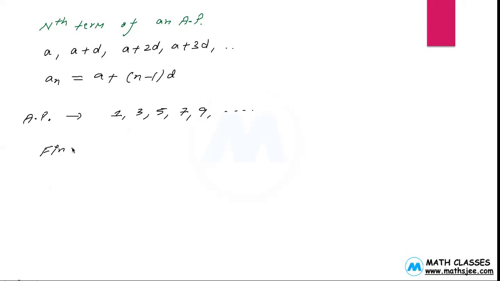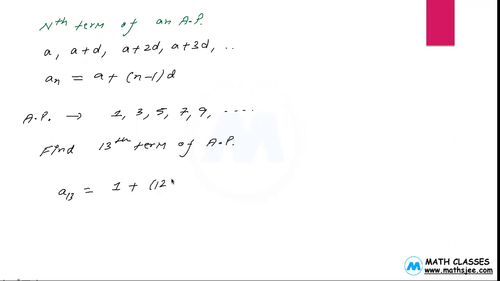Find the 13th term of the AP. So we'll use this formula. We just want to find A13. A is the first term here, which is 1, plus n minus 1, that is 12, times d, and d is 2. So this will be equal to 24 plus 1, which is 25. So that is the 13th term.